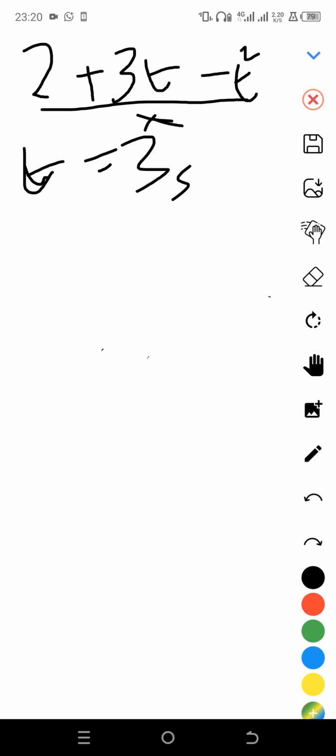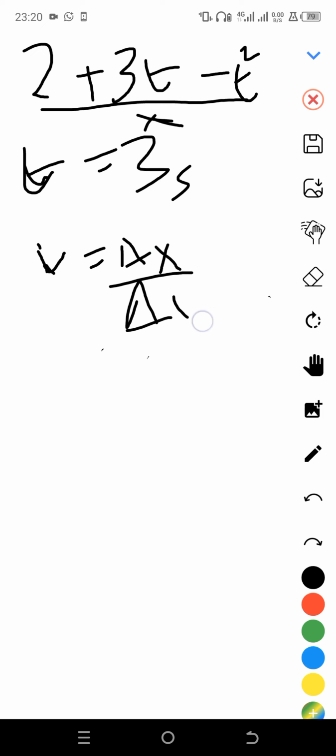Now, one thing you have to understand is that velocity, since they asked us for velocity, equals the change in position over a change in time.